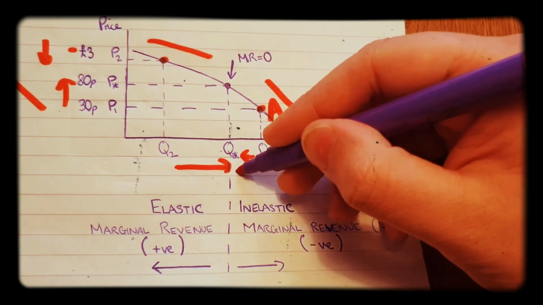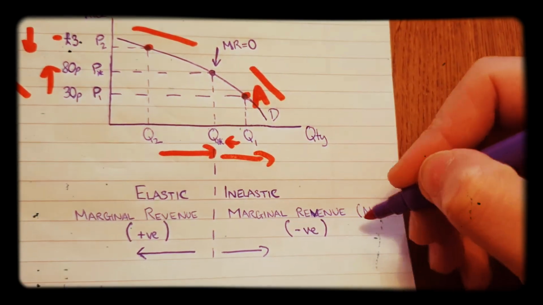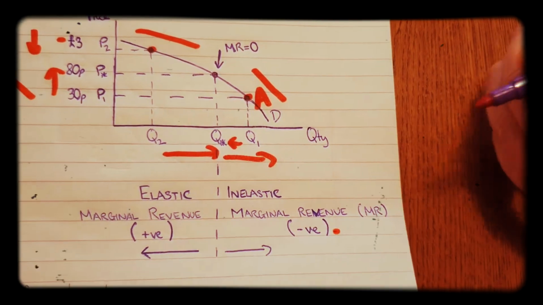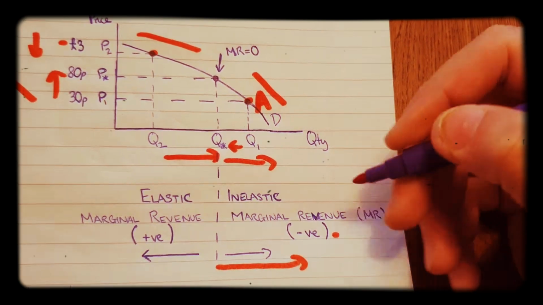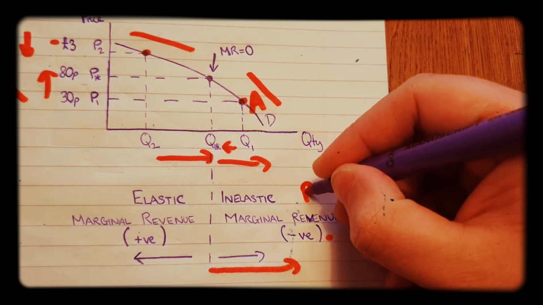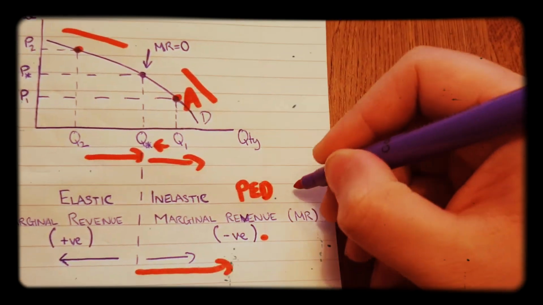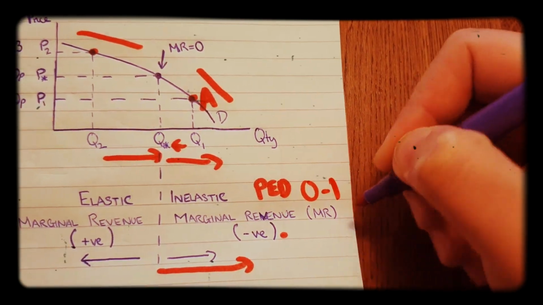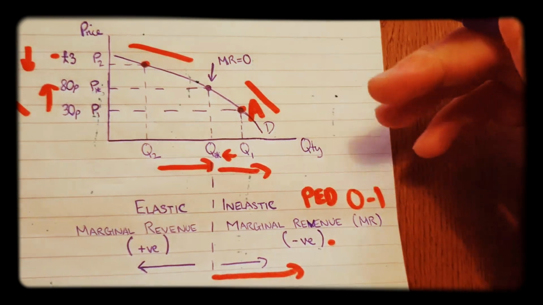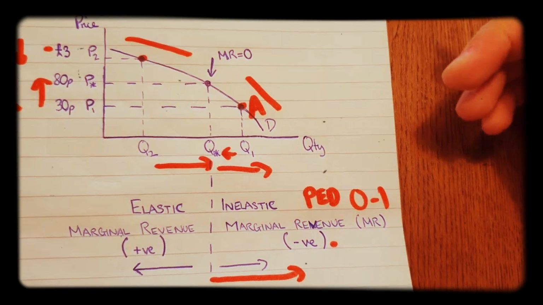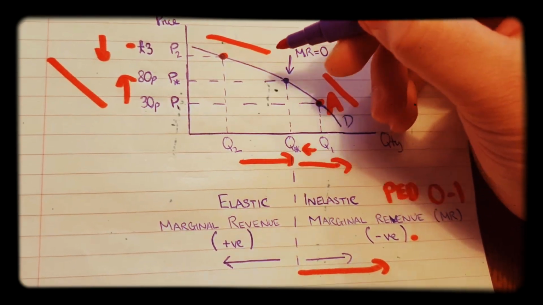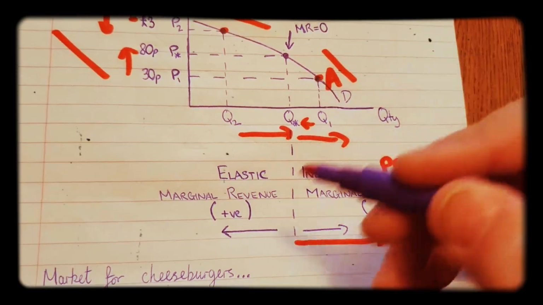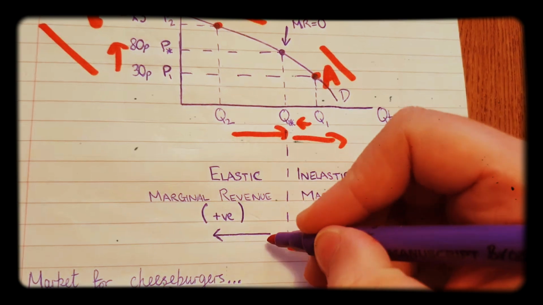From here to here, the marginal revenue will be negative. Okay, from this point onwards. Okay, so when PED is between 0 and 1, the firm, if they want to make more revenue, they should increase the price. Now, at this point here, the demand is elastic. Okay, what should the firm do?